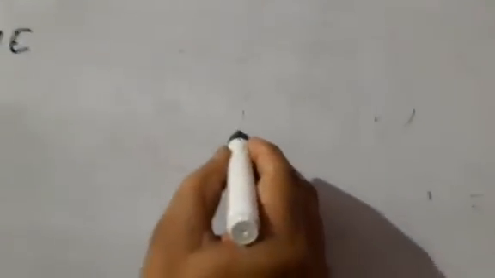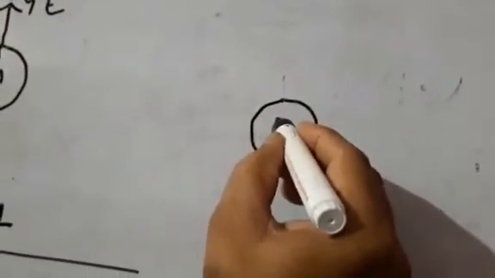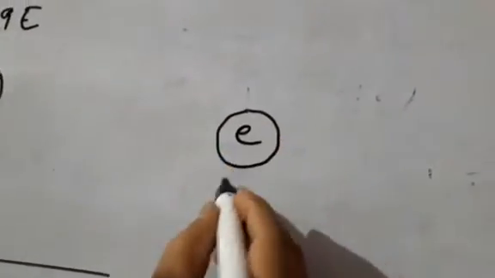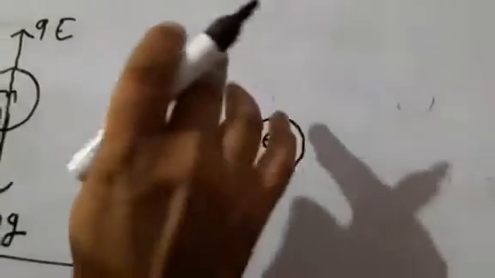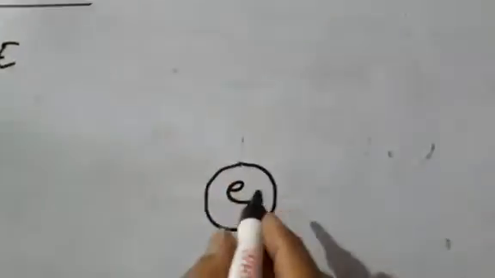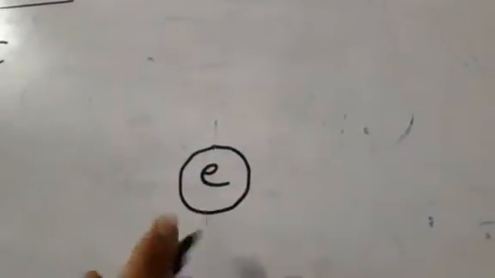For example, if an electron is balanced in air, then find the magnitude of the balancing electric field. In this question, we use mg equal to QE.